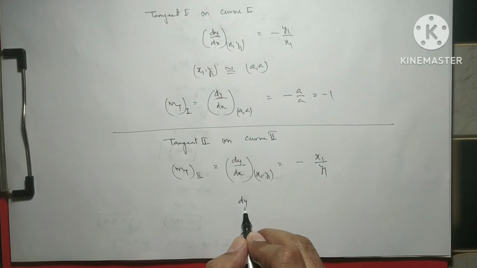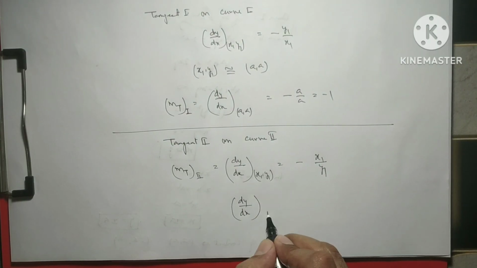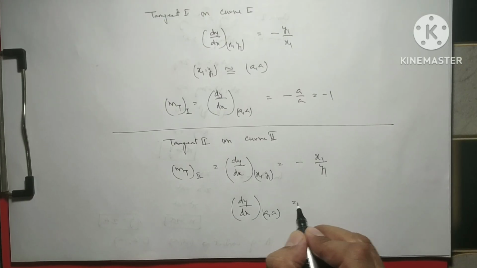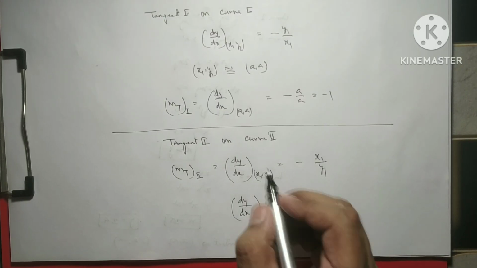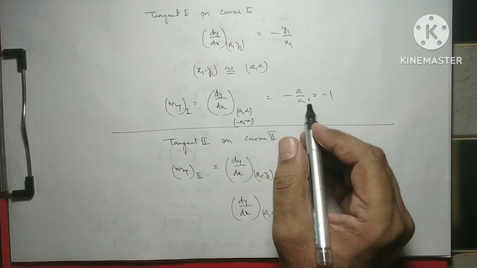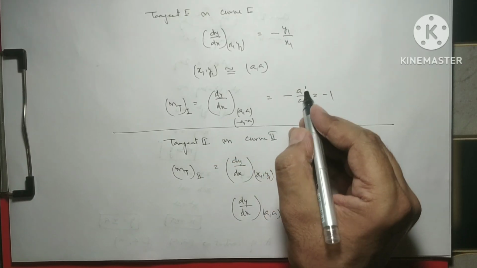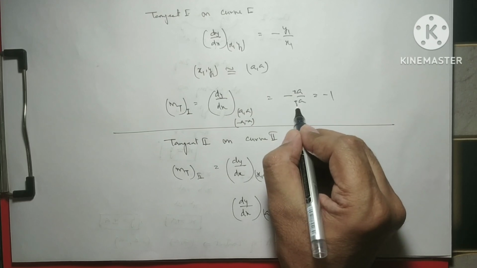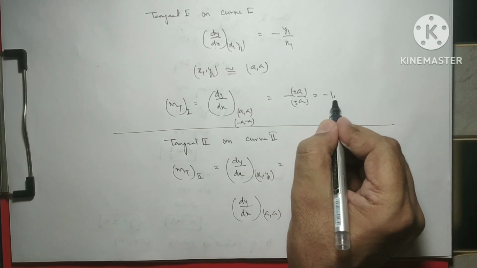So dy over dx at a comma a, or minus a comma minus a also. So you can place plus minus a and plus minus a, but we get the minus 1.